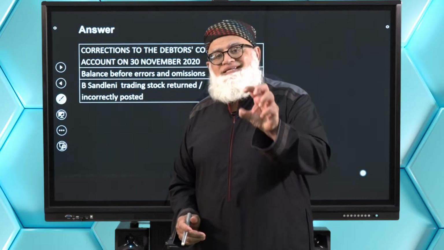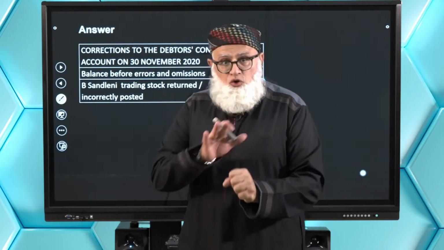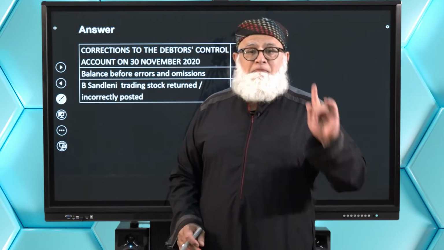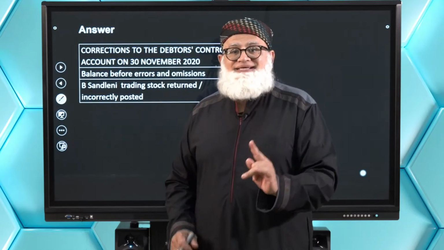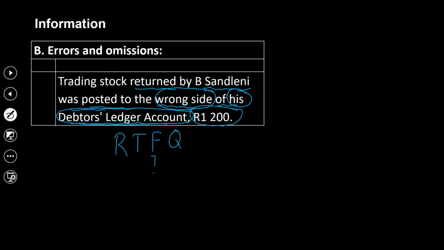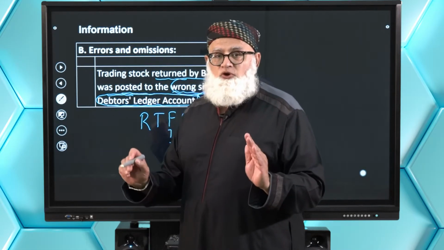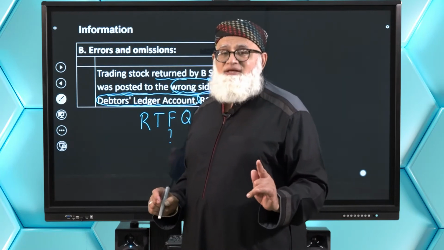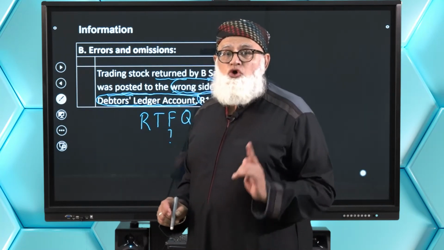Because it's entered in my debtors allowances journal correctly, posted correctly to my general ledger, but incorrect in the debtors ledger. Watch, very important. Incorrect in the debtors ledger, meaning the general ledger is 100% correct, but the error is in my debtors ledger, and this is where I need to correct it.